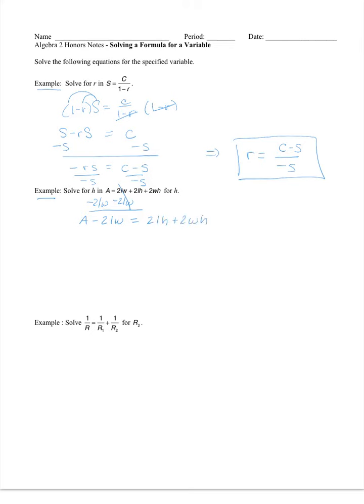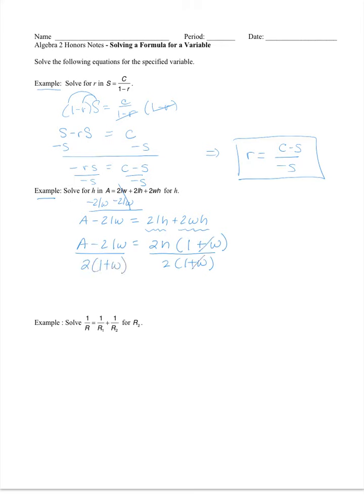Now I'm solving for h, so I also notice that each of these terms on the right-hand side has a 2h. So I could leave the left-hand side alone and factor out the greatest common factor 2h from each of the terms on the right-hand side, and then I can divide both sides by 2 times (l plus w).